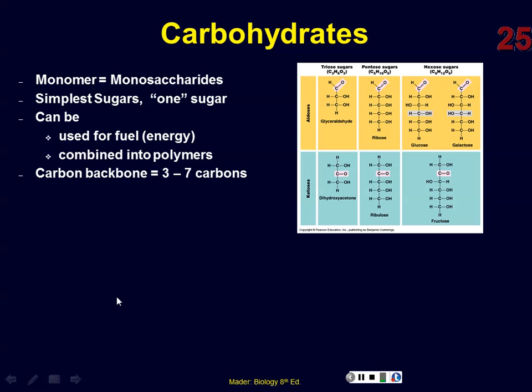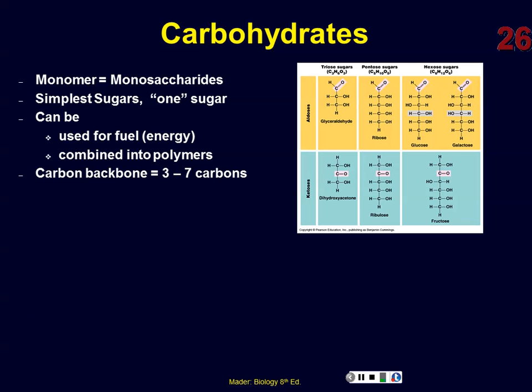A simple sugar, a monosaccharide, will always have between 3 and 7 carbon atoms. That means it's a monosaccharide. If you have a carbohydrate that has more than 3 to 7 carbon atoms, it's not going to be a monosaccharide.